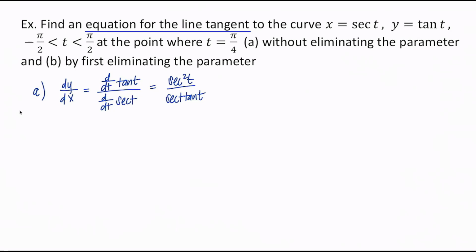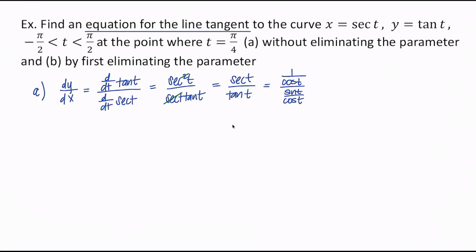Luckily something simplifies here. We can cancel out a copy of secant. So we get secant t over tangent t. And we can simplify that a little further if we want to, because secant is 1 over cosine and tangent is sine over cosine.